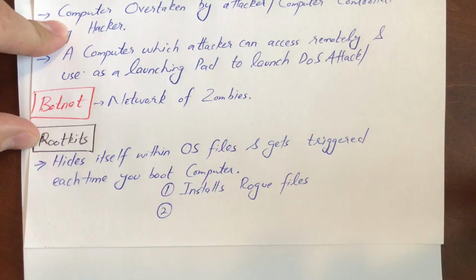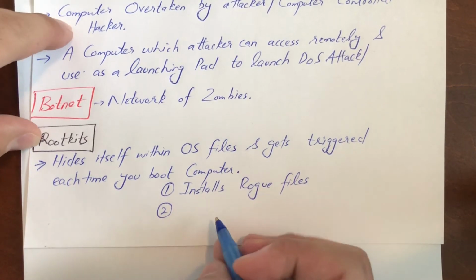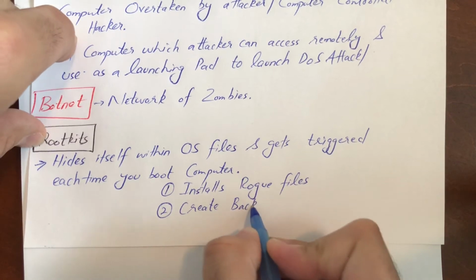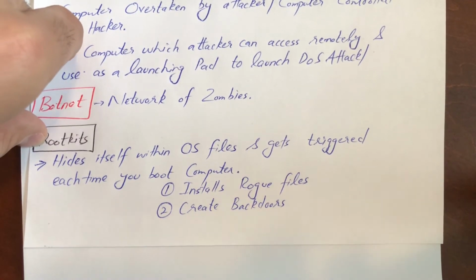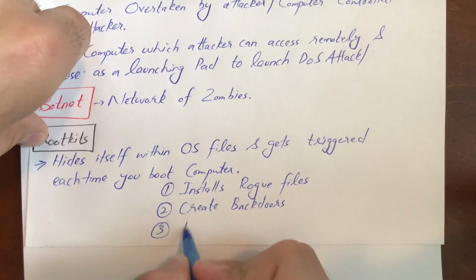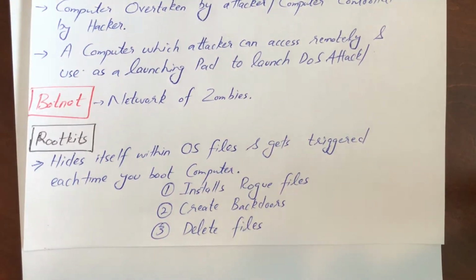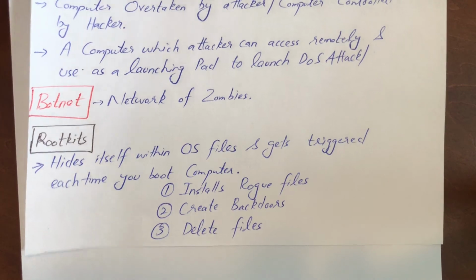Secondly, it creates backdoors to let the bad traffic in. Number three, it also deletes files from the computer. That's basically what a Rootkit does.